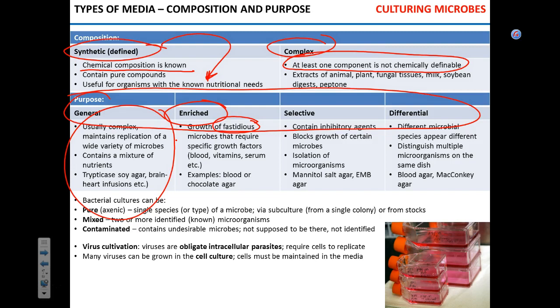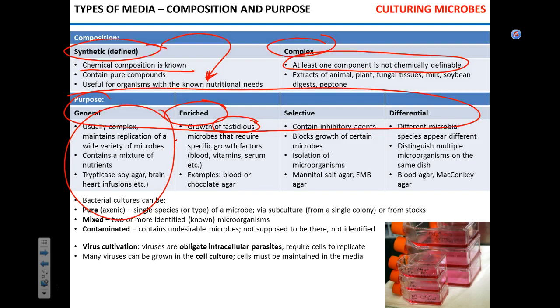You may have never heard the genus name, but I bet you've heard the names gonorrhea and meningococcus. Both of these diseases are caused by different species of Neisseria. Meningococcus is Neisseria meningitidis, and gonorrhea is Neisseria gonorrhoeae.